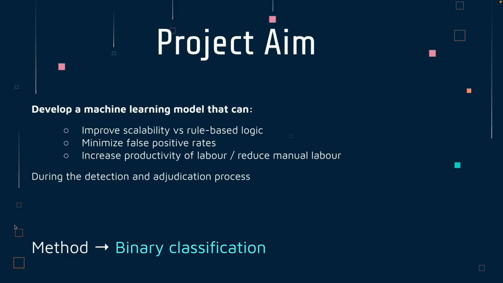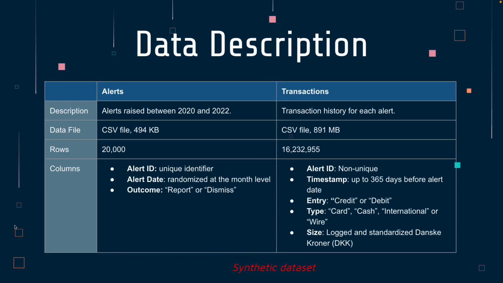The method we'll be exploring today is, of course, binary classification, flagging transactions for suspicious activity or not, right?